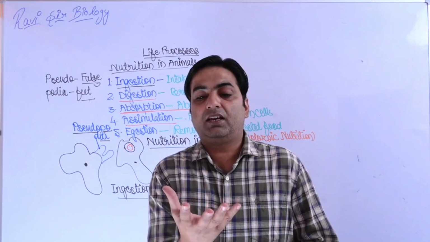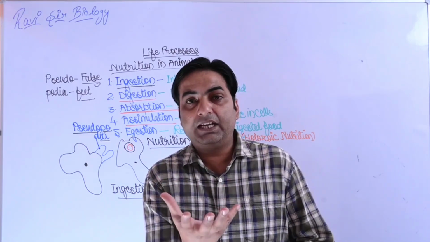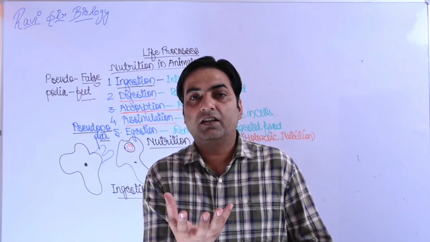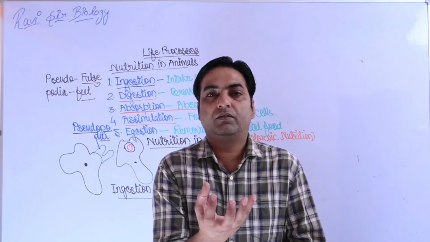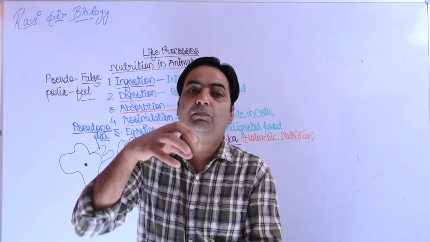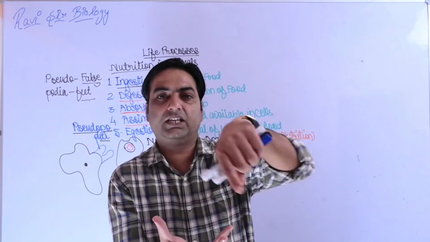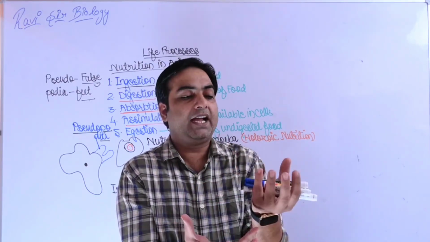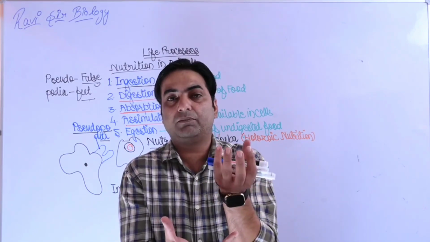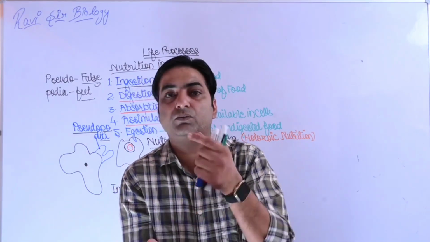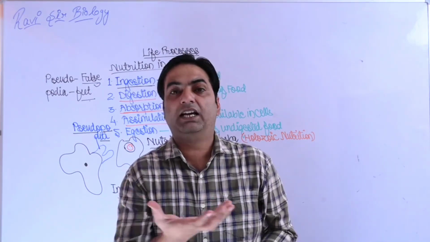Suppose you have taken a plate like a thali, and you placed a bowl full of some food material into the plate, which has a boundary, which is called a thali, and a bowl we have taken into which some food material is there, and we placed it into the thali. We shake that thali.